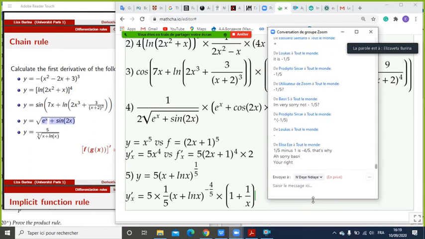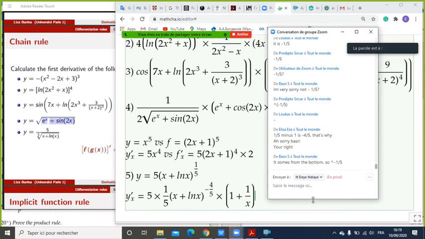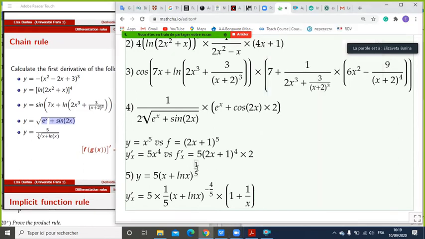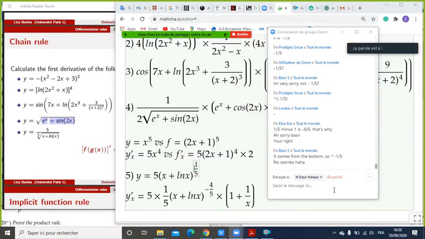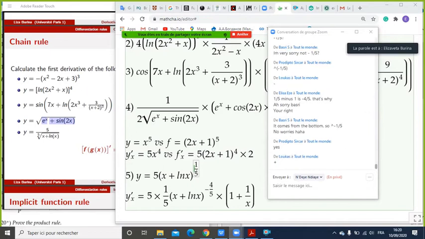It is minus 1 over 5. Wait. Here it was negative. That's what you want to say. Okay, here it was negative, obviously.